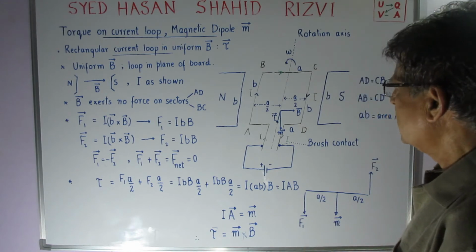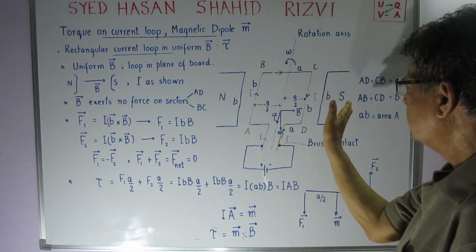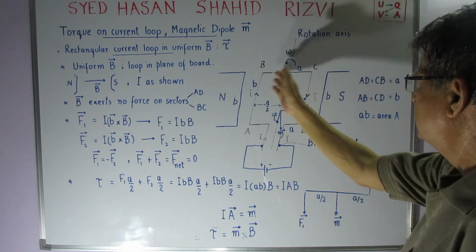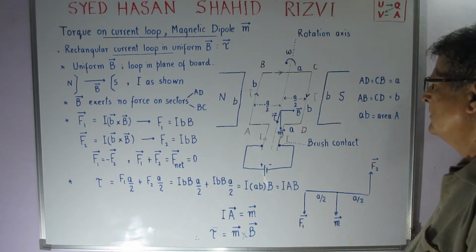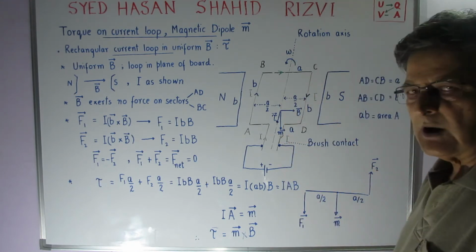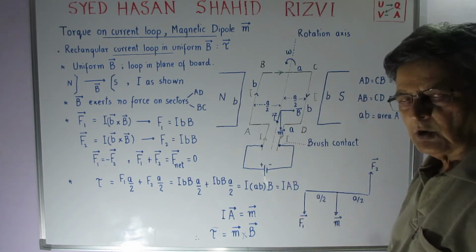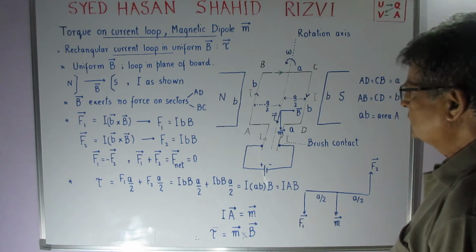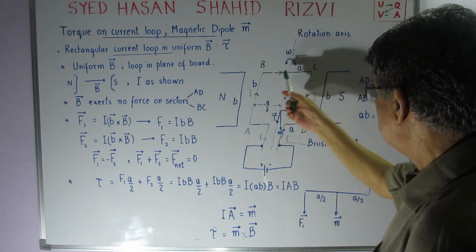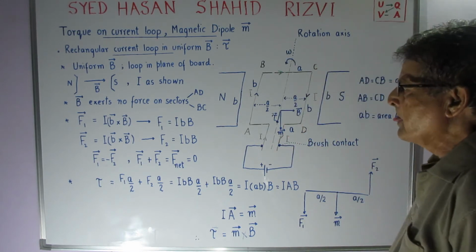And if we use the right hand palm rule, then the magnetic field direction is like this, and the direction of L is also in the same direction. So L cross B will be equal to 0 here, and L cross B will also be equal to 0 over here, because of the wire carrying current being parallel to the field.